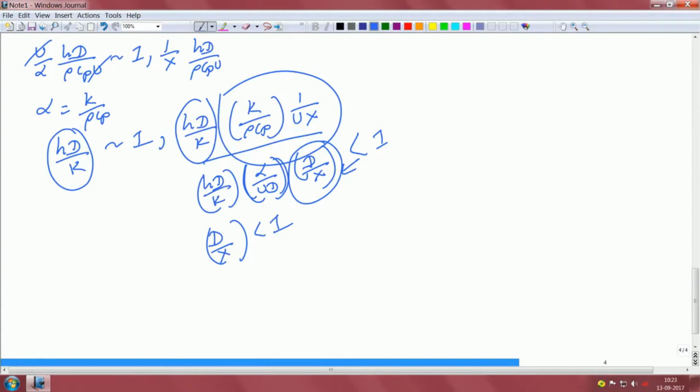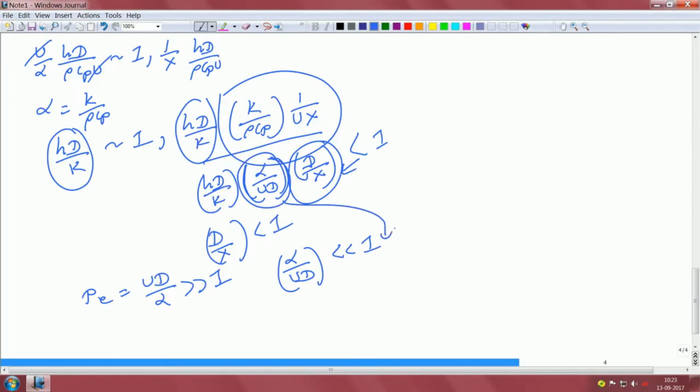However, if we define a number called Pe, which is called Peclet number, and we say that that is ud by alpha, and if we say that the Peclet number is much greater than 1, that means alpha by ud should be much less than 1. In other words, this second term within the bracket will be much less than 1.